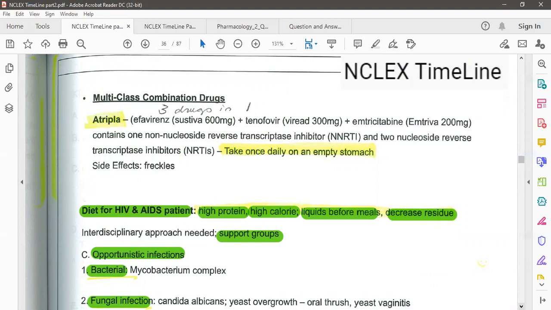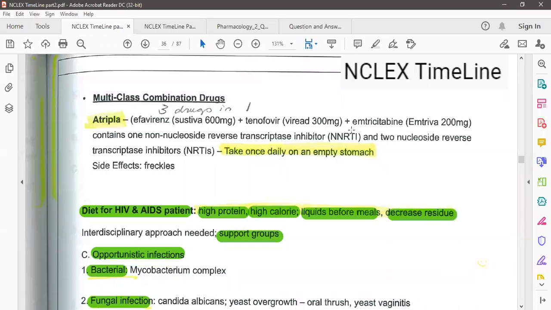So multi-drug combination, 3 drugs together, and it's called Atripla. Atripla is a combination of Sustiva, tenofovir, or emtricitabine.